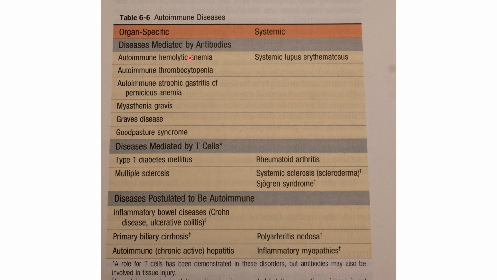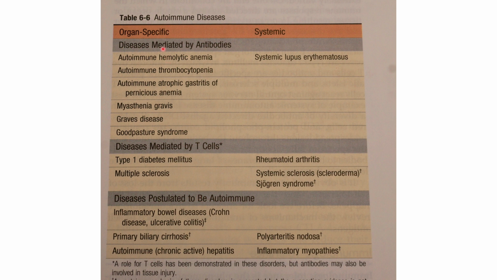There's autoimmune hemolytic anemia, systemic lupus erythematosus, autoimmune thrombocytopenia, myasthenia gravis, Graves' disease, Goodpasture syndrome, type 1 diabetes mellitus, rheumatoid arthritis, multiple sclerosis, scleroderma, Sjogren's syndrome, and postulated immune diseases, Crohn's disease, ulcerative colitis, which are flip sides of similar processes, primary biliary cirrhosis, polyarteritis nodosa, and autoimmune chronic active hepatitis.